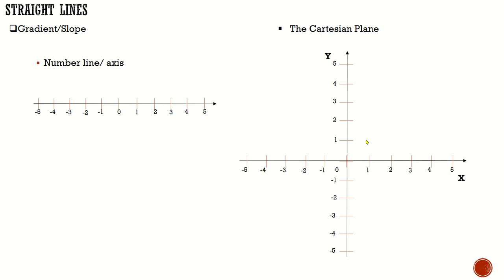So you could have a point here exactly, and this point would correspond to a value 1 on the x-axis and a value 1 on the y-axis. Similarly, you could have a point up here corresponding to a value 1 on the x-axis and a value 2 on the y-axis.